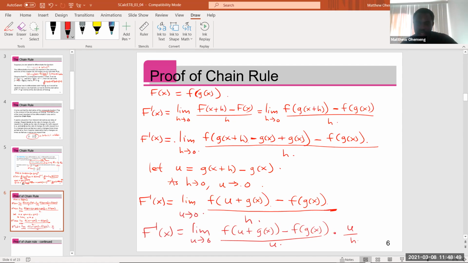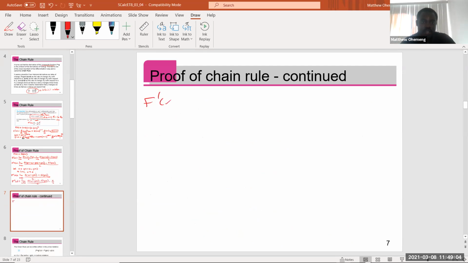And then at this point, another step I can do is, what is u? The u is g of x plus h minus g of x, right? But then looking at this one, I'll have to move on to the next slide. So let me write this.